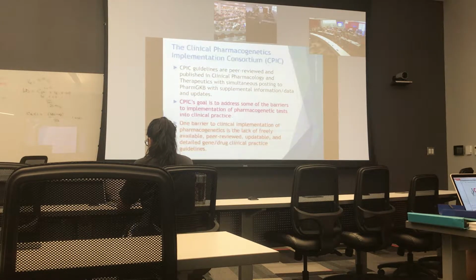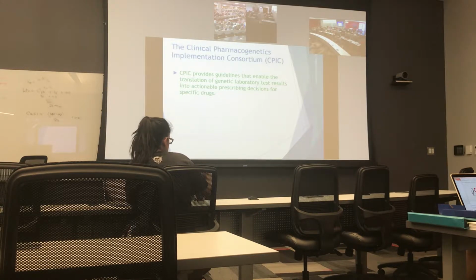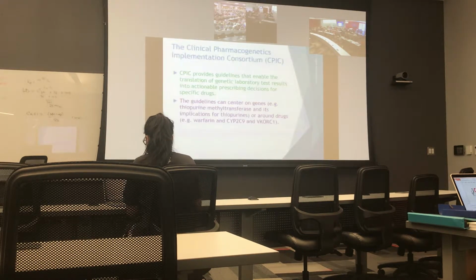And one barrier to implementation of pharmacogenetics is the lack of freely available, peer-reviewed, updatable, and detailed gene-drug clinical practice guidelines. So CPIC provides guidelines that enable the translation of genetic laboratory test results into actionable prescribing decisions for specific drugs. So these guidelines can center on genes or around particular drugs.